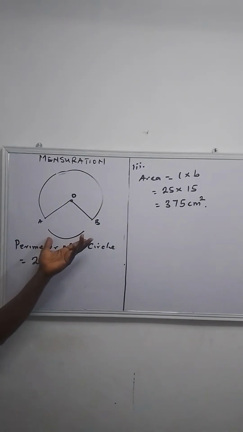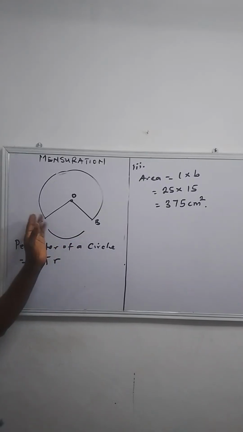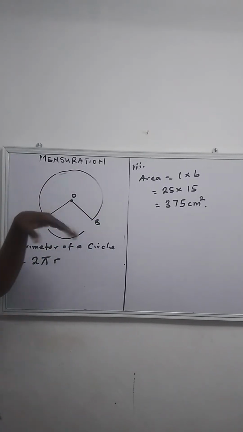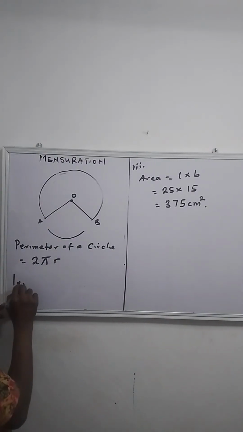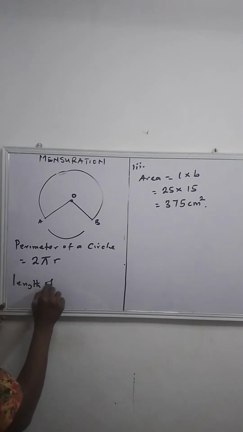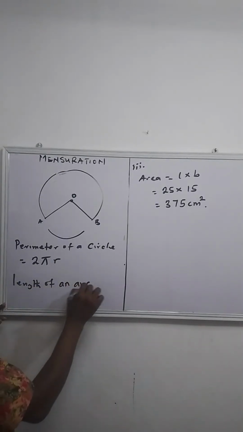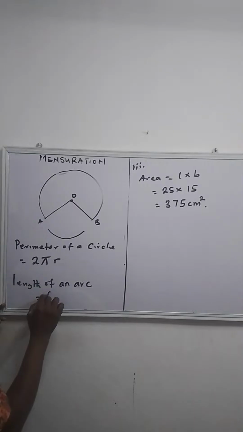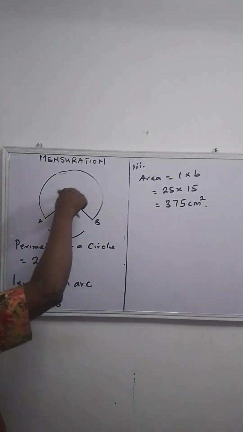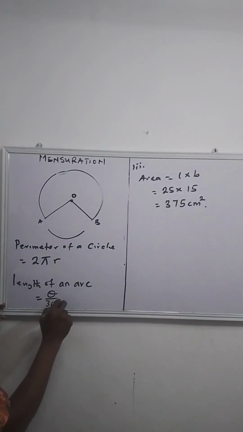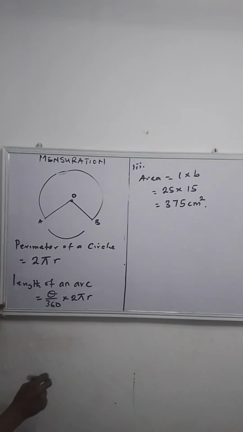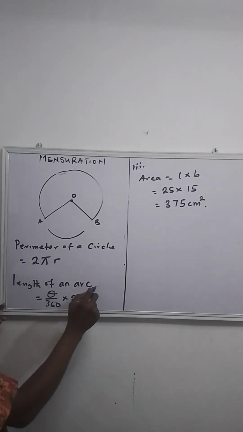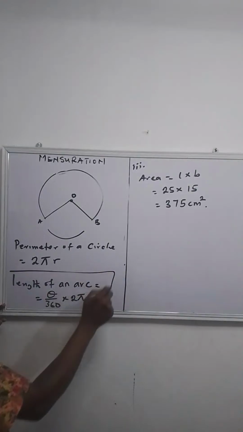So how do we get the length? Since it's a fraction of the total perimeter of the circle, we say the length of the arc is theta over 360, which is a fraction of the total angle, times 2 pi r. All right, so this is the formula for finding the length of an arc.